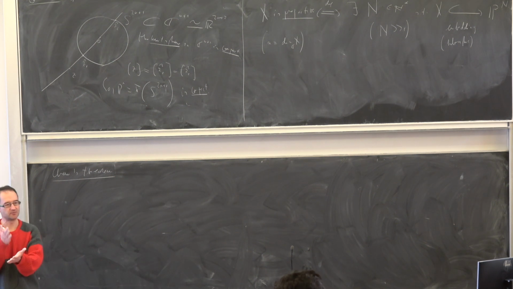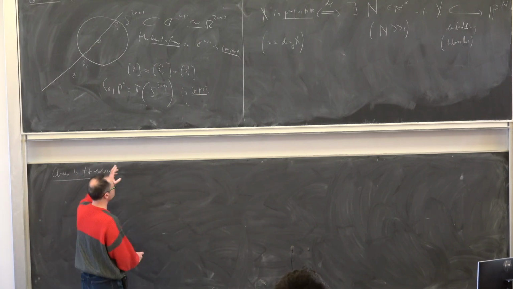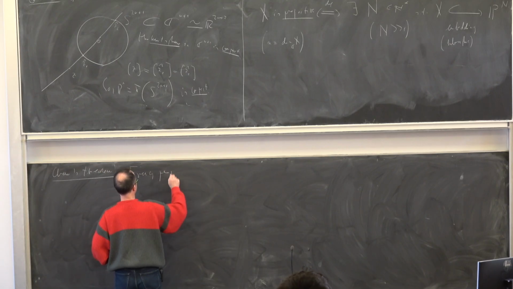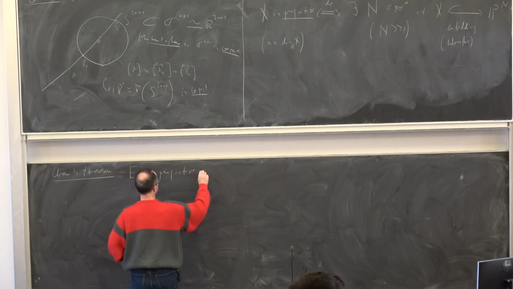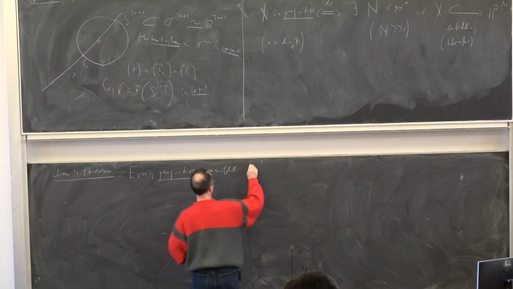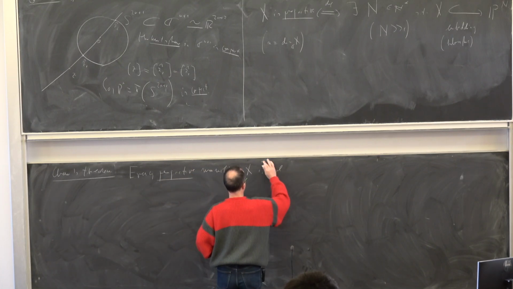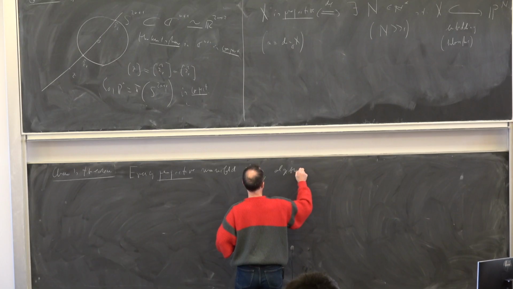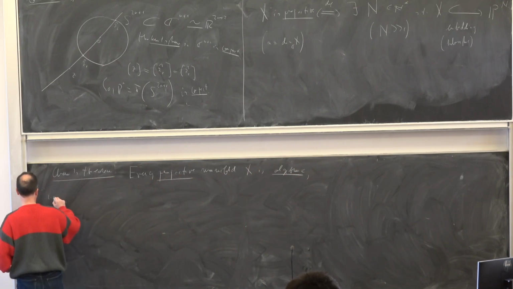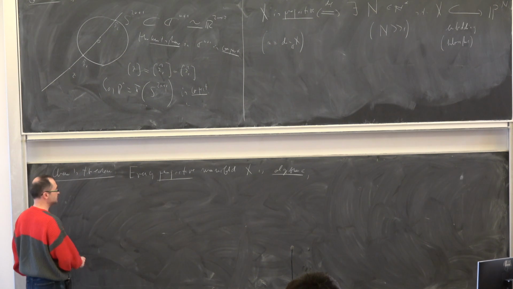It makes sense to say when a homogeneous polynomial vanishes, right? And then Chow's theorem says that every projective manifold X is algebraic. So algebraic means that it can be cut out by finitely many polynomials.